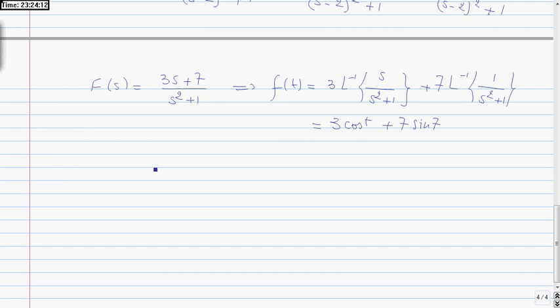Now, since we are applying the first translation theorem, at the end we obtain that y of t, which is the inverse of (3s + 1) over (s squared - 4s + 5), the formula is exponential at, that means exponential 2t, and then times f of t, which is 3 cosine t plus 7 sine t.